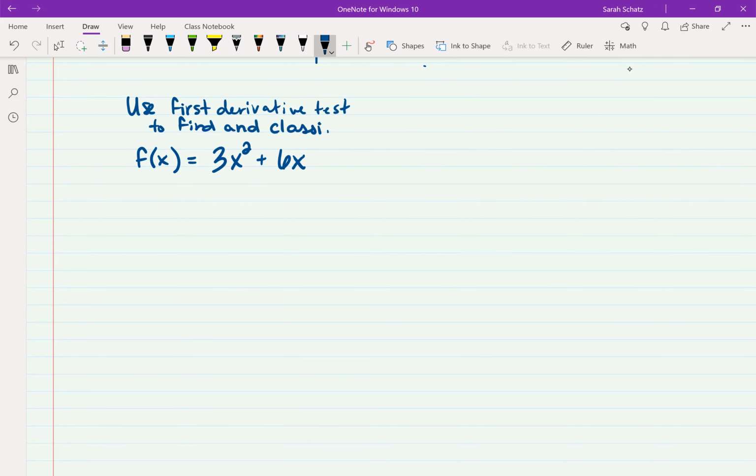That's a way that it says it sometimes. It might say something like find increasing and decreasing intervals. So that's another way to word the problem. But either way, we're going to do the same thing.